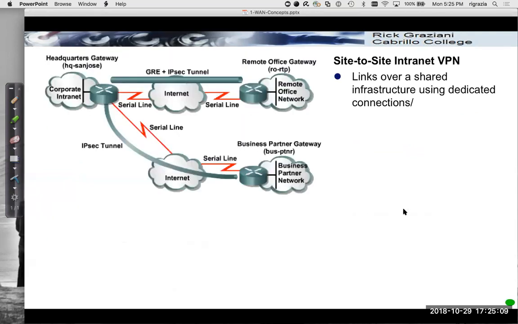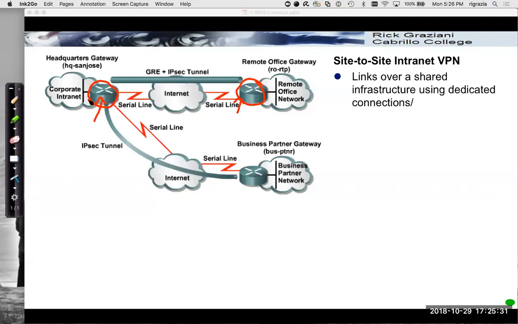A site-to-site VPN is just a VPN between two sites, exactly what it says. In this case, we have two routers, and all the VPN work is taken care of by the routers.